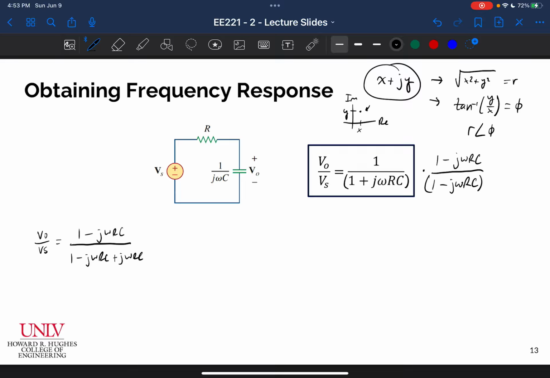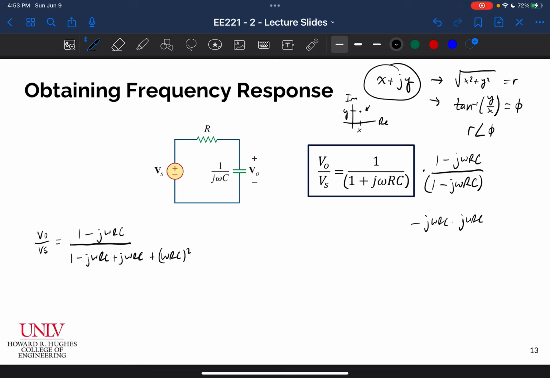You see those terms are going to cancel. And then we have a minus j times a plus j times an omega RC squared. Well, negative j times plus j is basically negative j squared, which is equal to just positive 1. So I can rewrite this final term as just omega RC squared. In case that's not clear, what I just did is I did minus j omega RC times plus j omega RC.